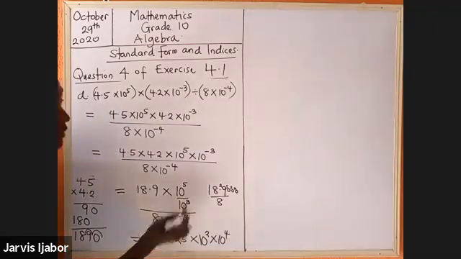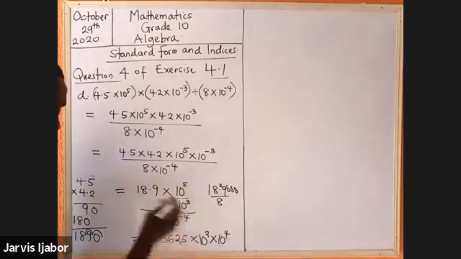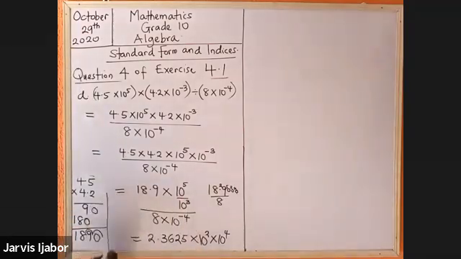Let me interpret this aspect. So look at this carefully. 10 raised to the power of negative 4 will mean 1 over 10 raised to the power of what? 4. Remember that it is something divided by 1 over 10 raised to the power of negative 4, which is 10 raised to the power of 4.